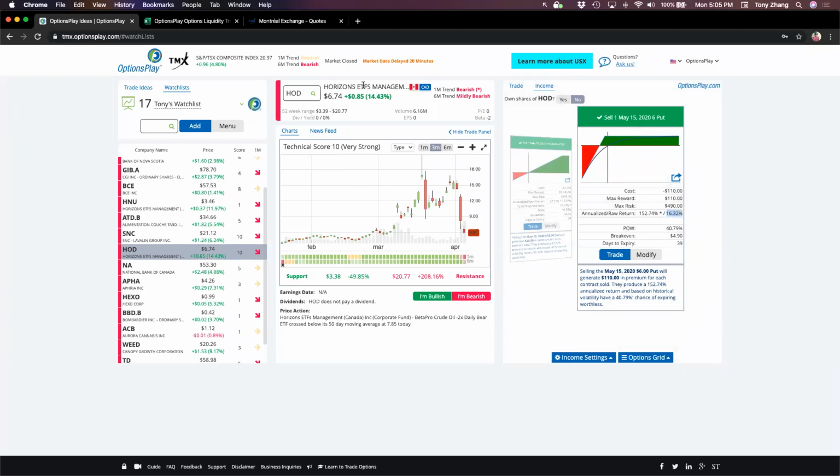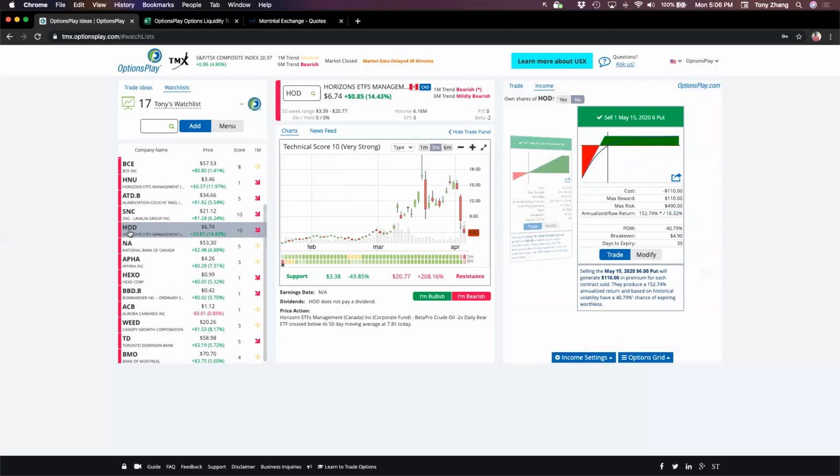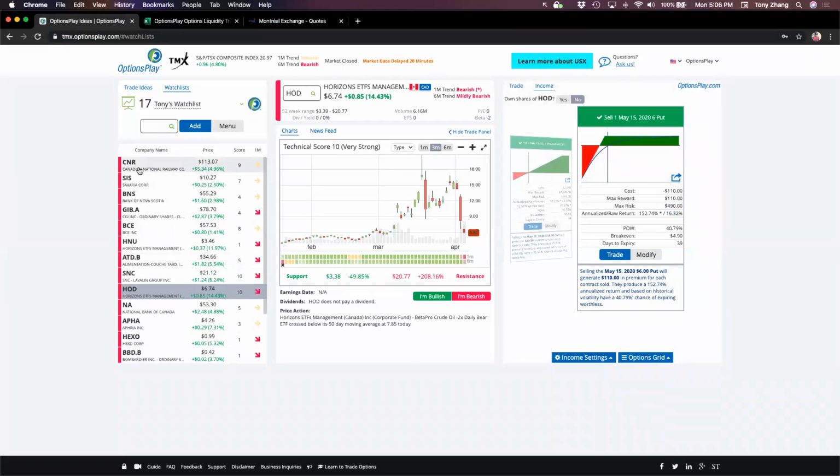Now, I don't know what HOD is. It looks like it's a Canada crude 2 times bear ETF. So not your typical ETF that you would hold on to the long term. So I don't know that I would recommend this strategy for this, because HOD is more of a day trading symbol.